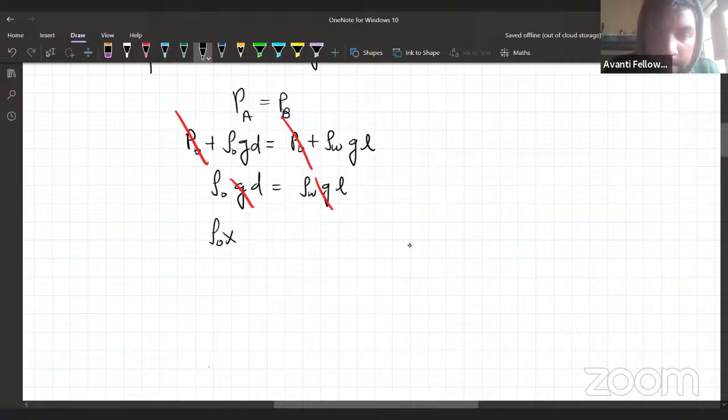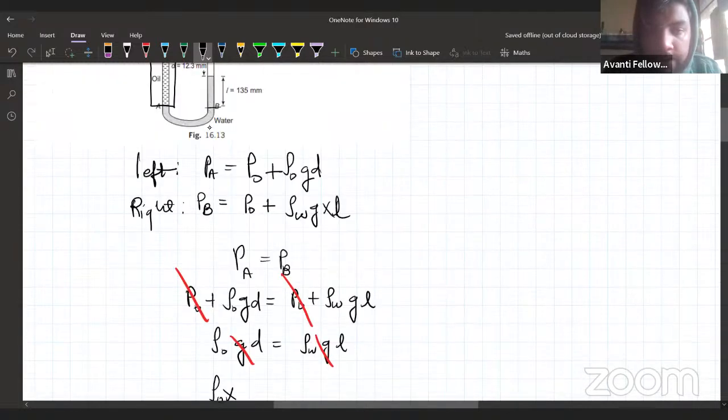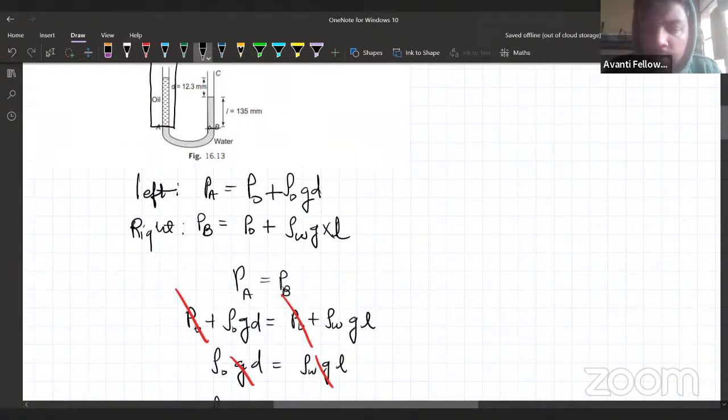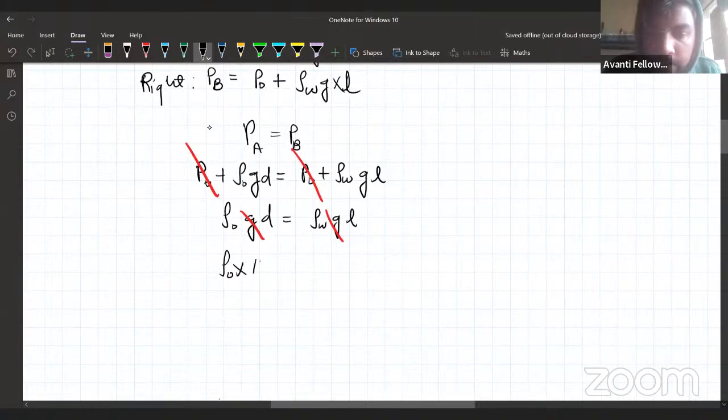What is D? D is 12.3 millimeters. You don't have to convert it because ultimately both sides are going to cancel out. What is rho of water? The water is 1000, into the length. What is L?